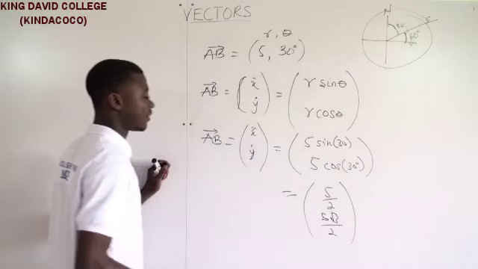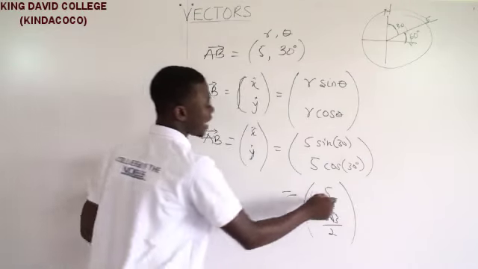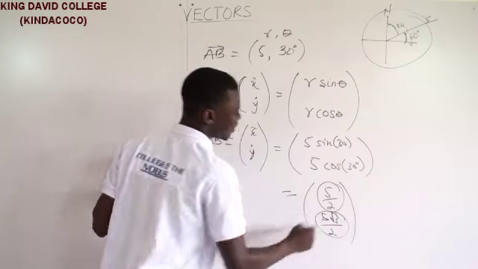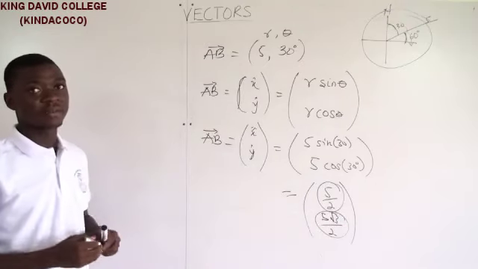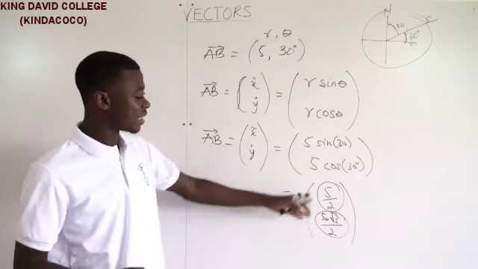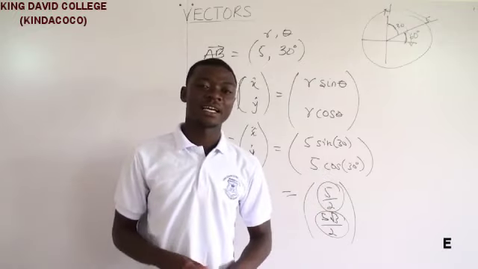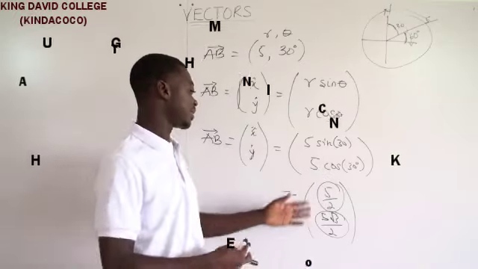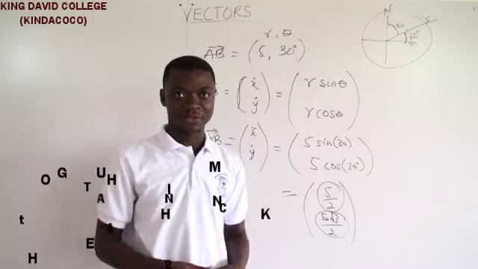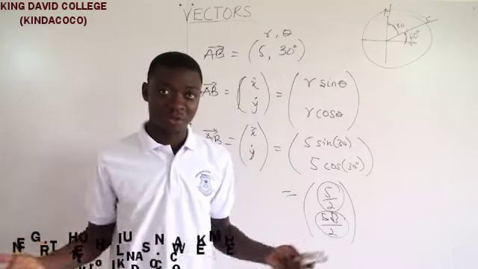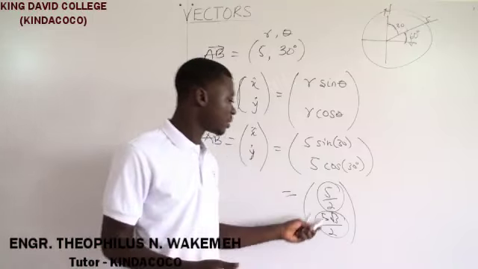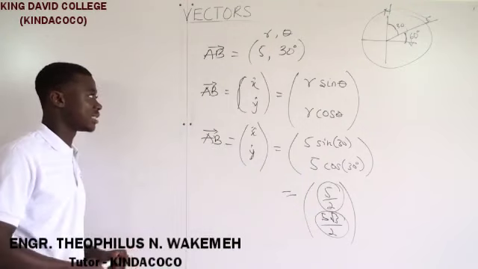So this is how the vector would have been: this is the x component, and this is the y component. Normally they will give you values that are cheaper numbers, or you can even convert to the nearest whole number, so that you have a very simple strategy to follow.